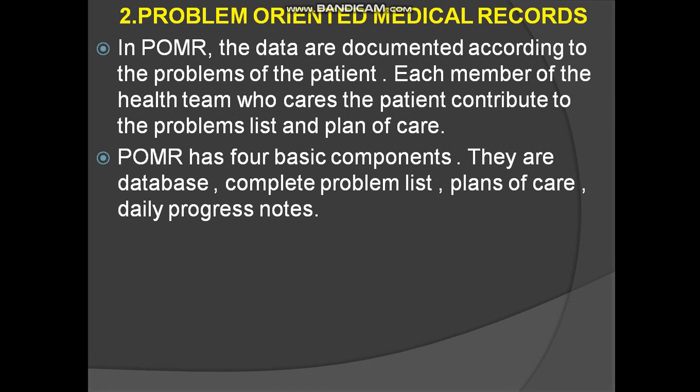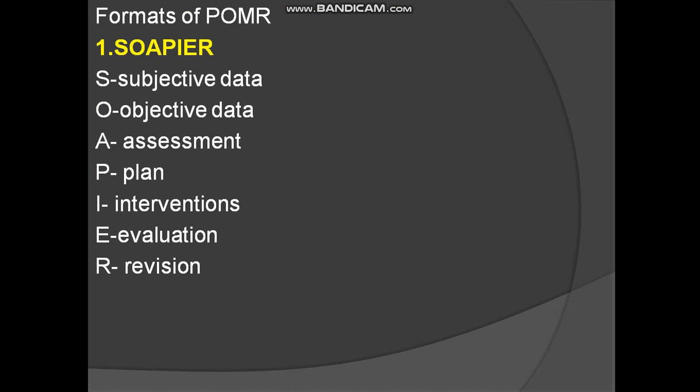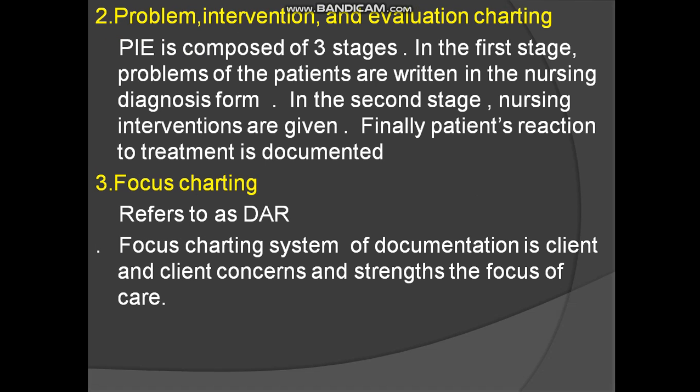Then problem oriented medical record. Problem oriented medical record has 4 basic components: database, complete problem list, plan of care and daily progress note. And formats of problem oriented medical records: SOAP, problem intervention and evaluation charting.